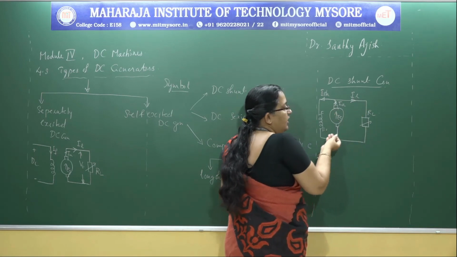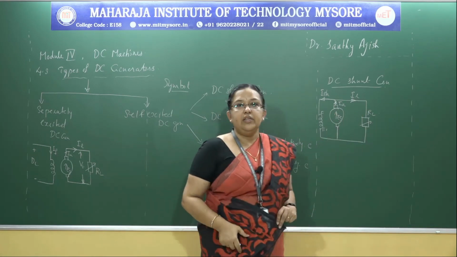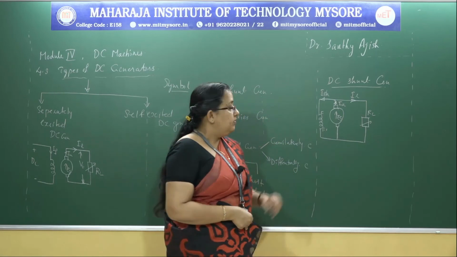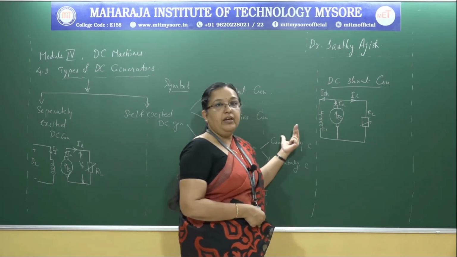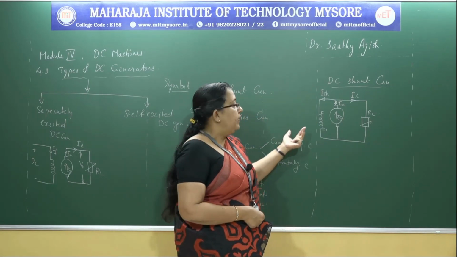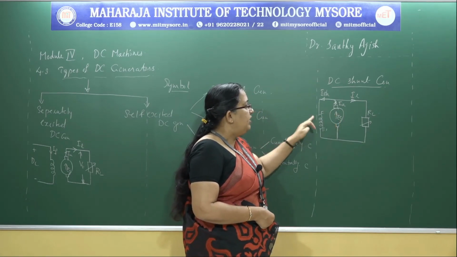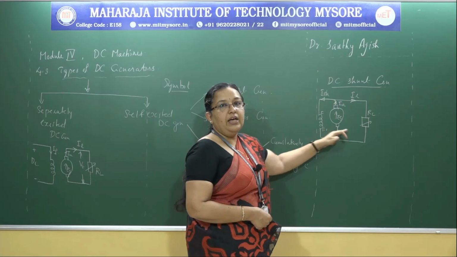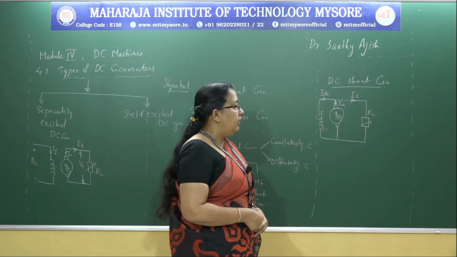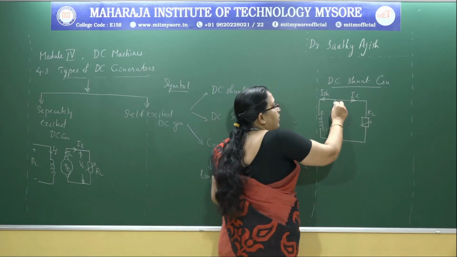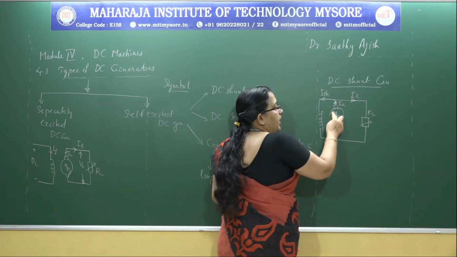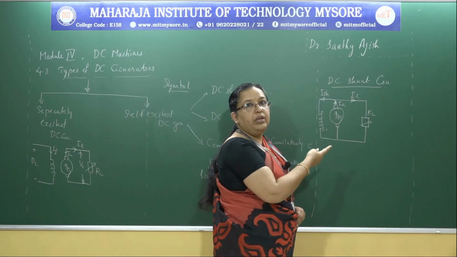Since the generator doesn't have a separate field winding supply, the generated EMF drives the field winding as well as the load. So we will mark the arrows in this fashion, because Ia is more compared to the others.